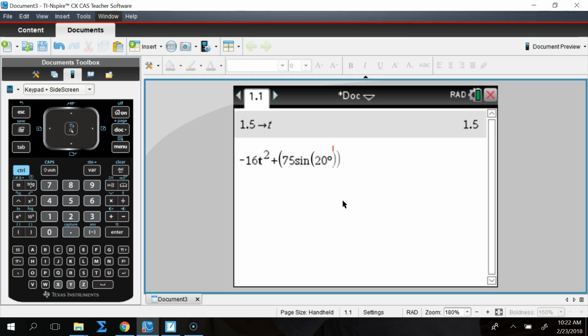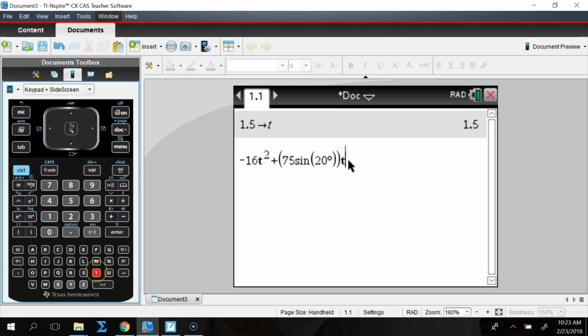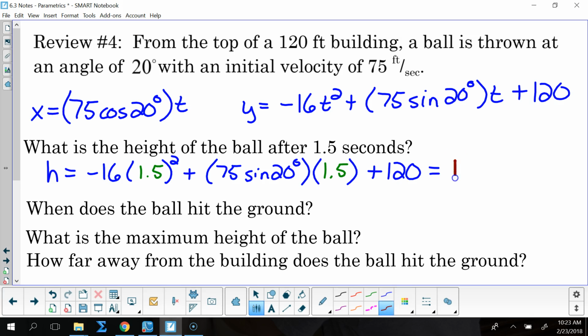You need to figure out if your calculator is in radians or degrees, because in this problem we're using degrees. In the Ferris wheel problem, which a lot of people are having issues with, that needs to be in radians. Ferris wheel's in radians. These launch angles are in degrees. So this needs to be in degrees. Times t plus 120. So that tells me that my ball is 122.477 feet above the ground.